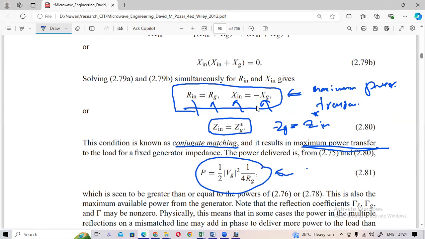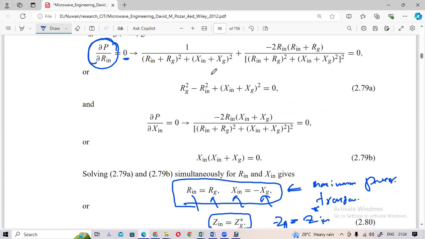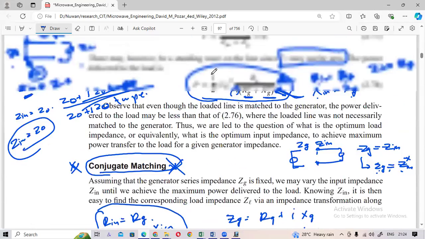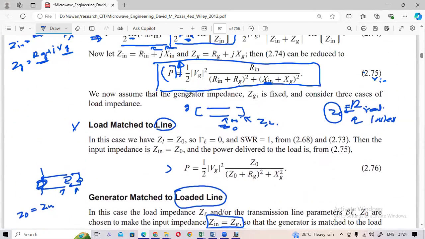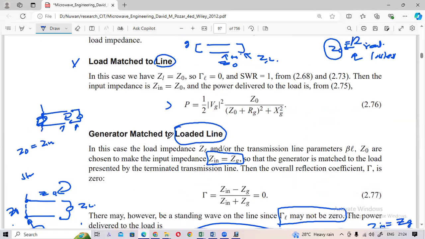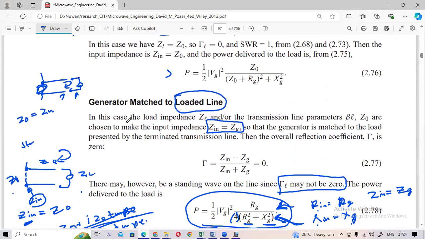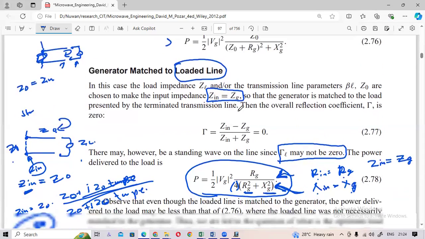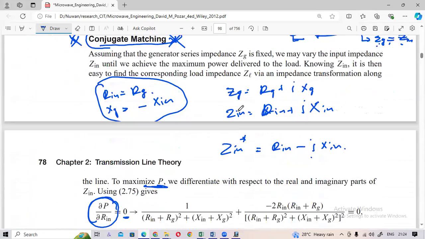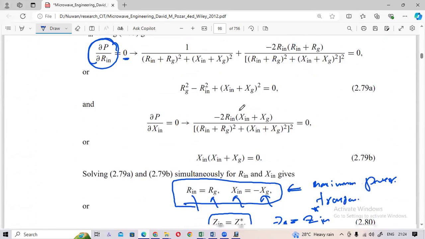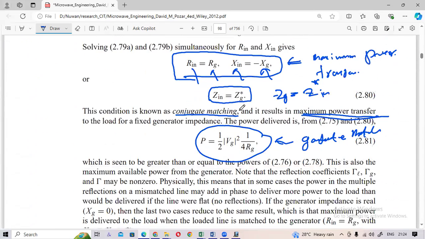So you need to have the conjugate matching. Why do we need it? At that time, we will have the maximum power transfer. That is the purpose of having conjugate matching. If you match the other way, loaded line to generator, you will not get the maximum power transfer scenario.